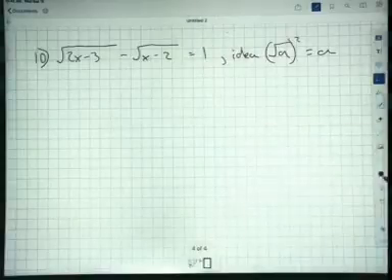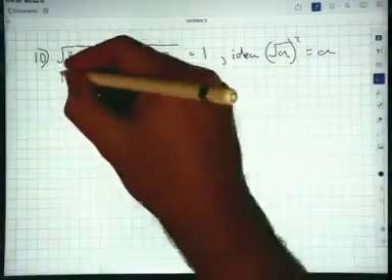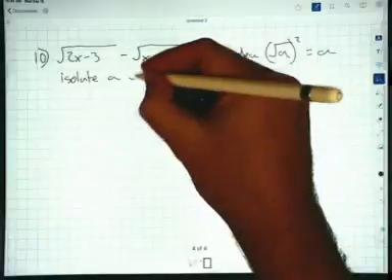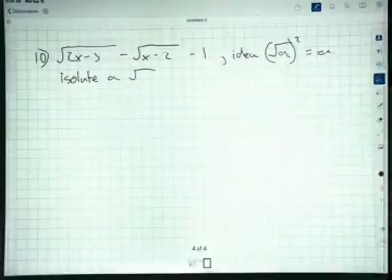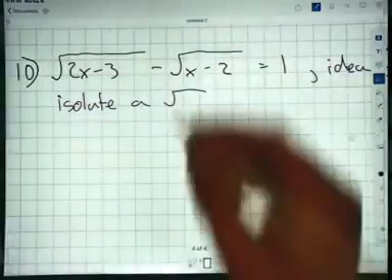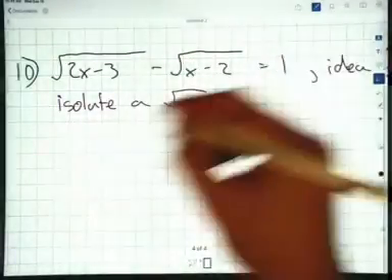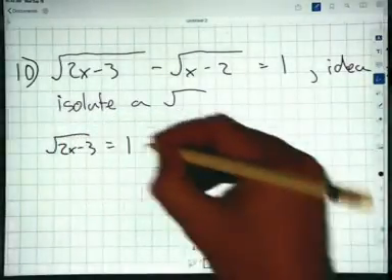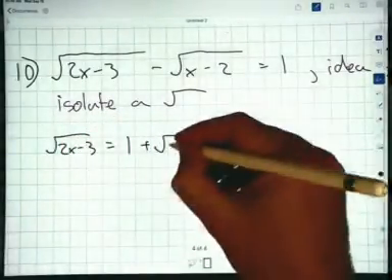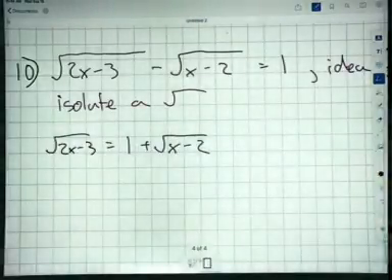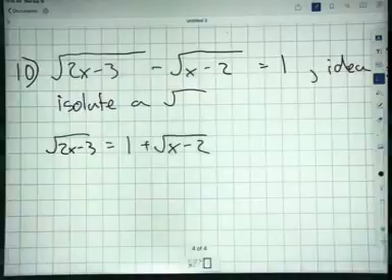But what we need to do is isolate a radical. We want to get one of the radicals completely by itself. So I'm just going to move this radical to the other side by addition. Your life is going to be easier if you get a radical by itself first.